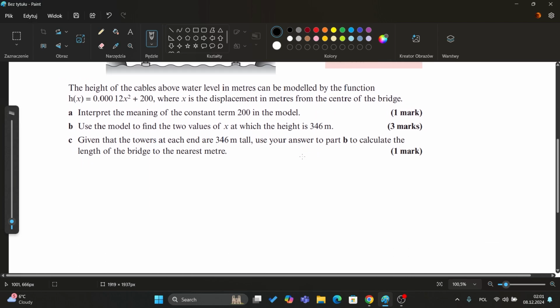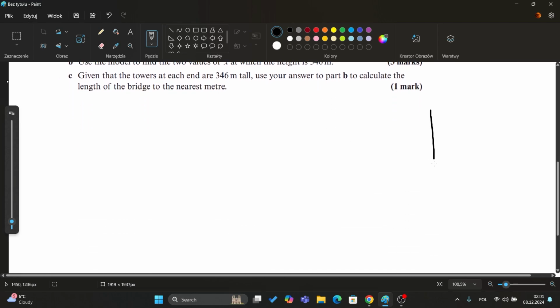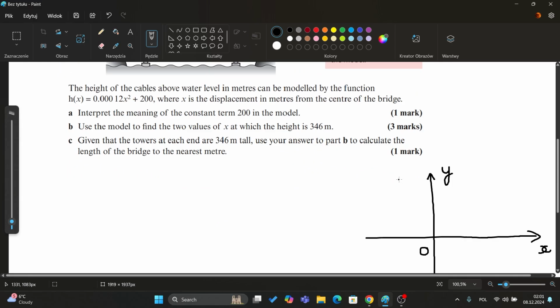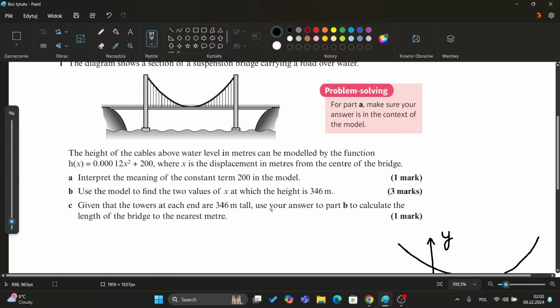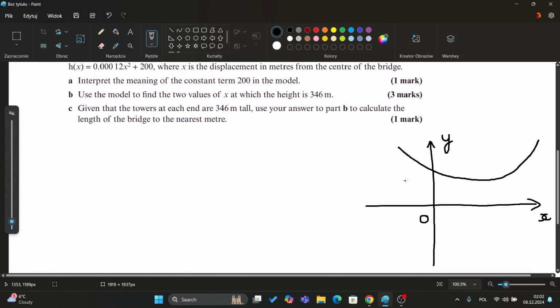So our graph, x and y and 0 here. So we got a graph somewhere here. It is not accurate at all, but it is 200 above the ground, as you can tell from the model. 200 is here.